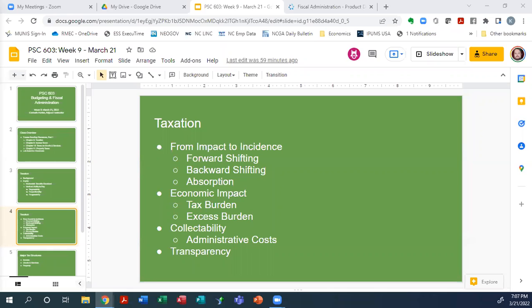And then the last item we look at is with respect to transparency. So when we look at transparency, we're really looking at, first of all, how was it adopted? Was it adopted in a transparent fashion through the legislative process? There's been some concern that there are certain types of taxes or fees that basically act as taxes that were instituted through regulatory action through administrative law.